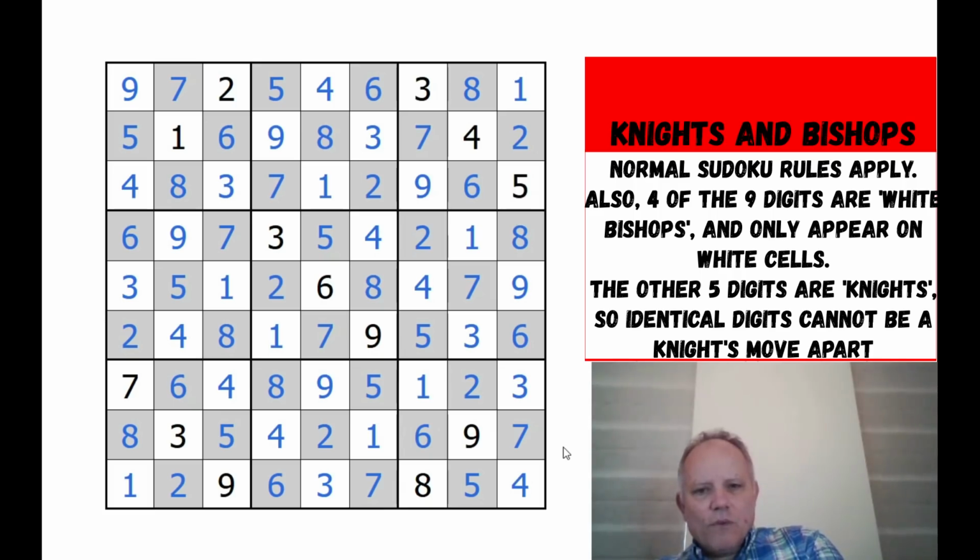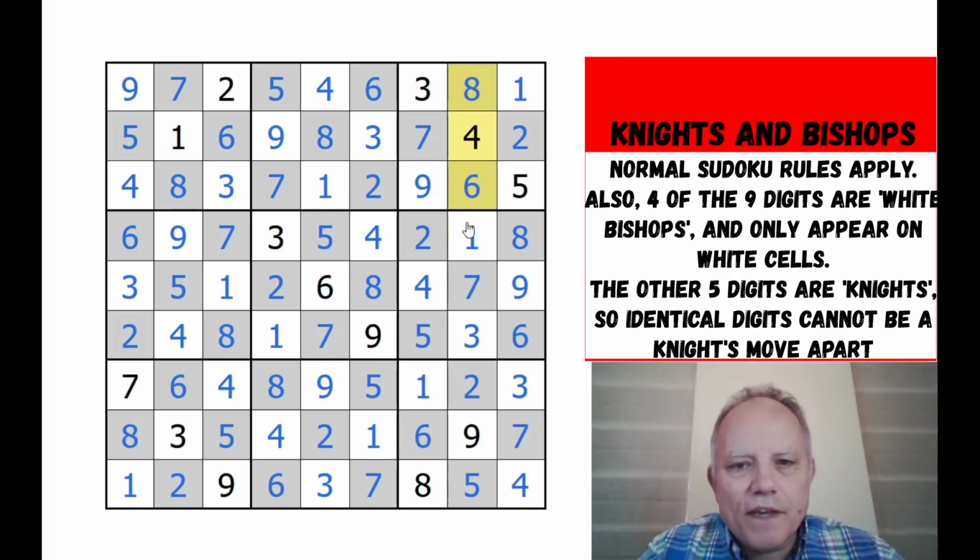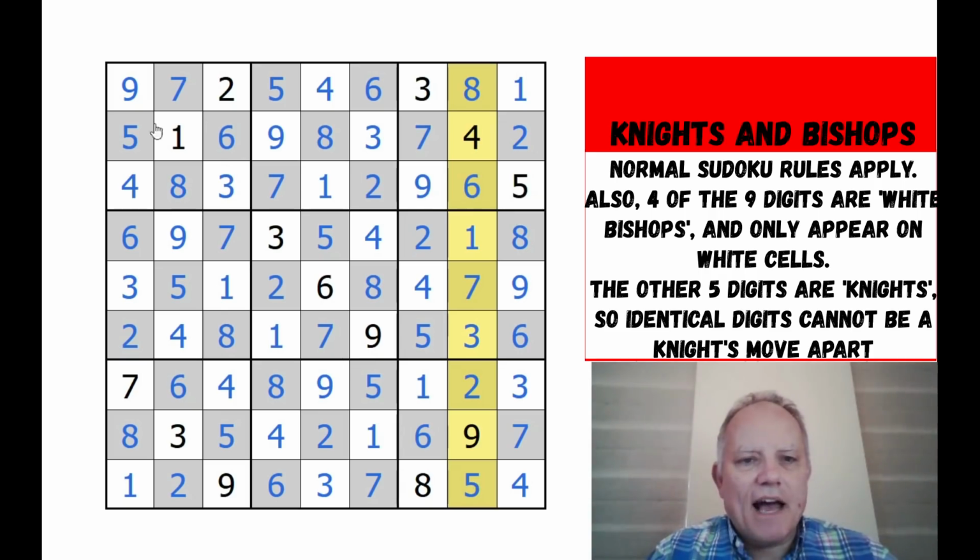What a pretty puzzle. Nice bit of deduction at the start about the white cell's use and how many we had to put in. I suppose we could have seen it a bit quicker by focusing on these columns and rows which had to have all the white cells occupied by bishops.